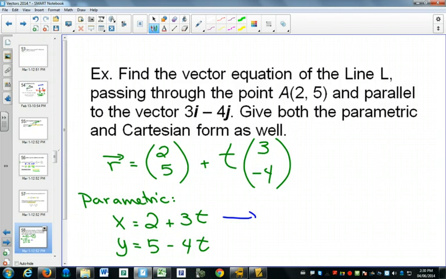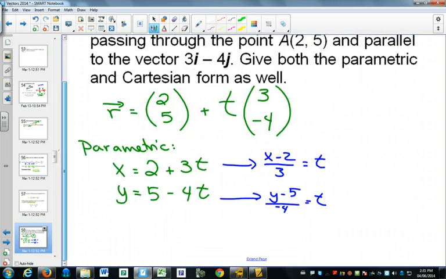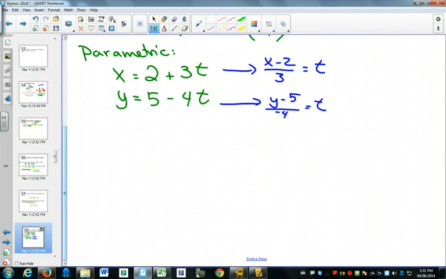Can you see from here, if you wanted to solve for t, you'd move the 2 over and divide by 3? And can you see from this one, if you wanted to solve for t, you'd move the 5 over and divide by negative 4? So as a result of that, we can write our Cartesian one, and our Cartesian one would look like this.